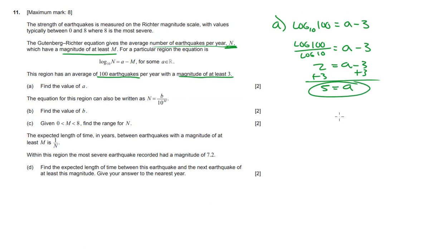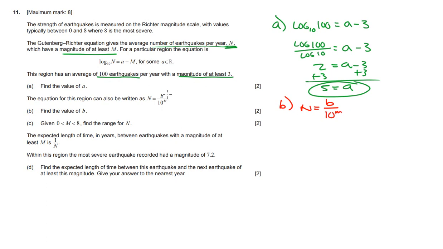Okay? So that's A. Part B says the equation for this region can also be written as n equals B over 10 to the m. Find the value of B. Okay, so we have n equals B over 10 to the m.